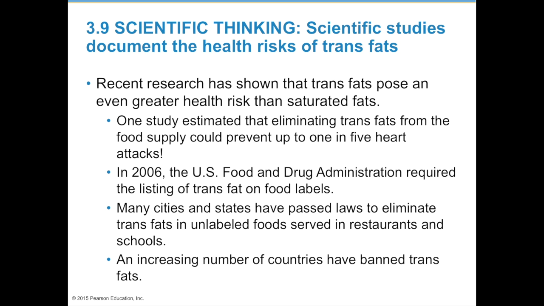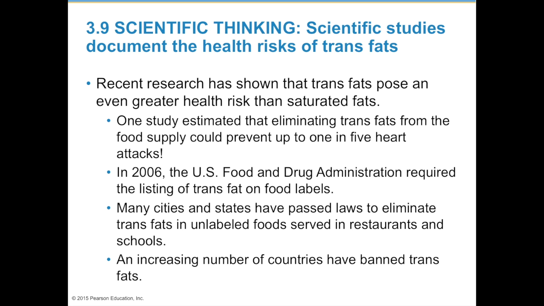So now they have to label them. When it comes to these trans fats, in 2006, the U.S. Food and Drug Administration required the listing of trans fat in food labels. Here's the thing, though.